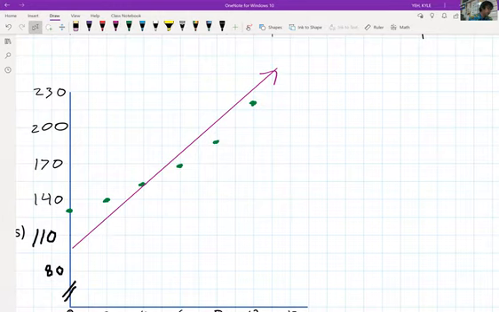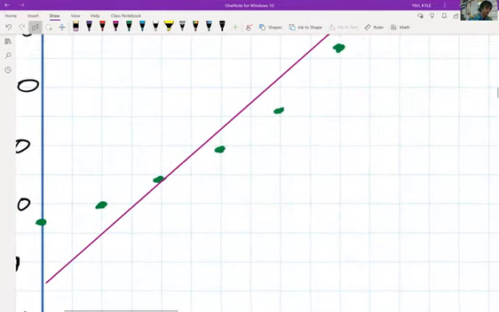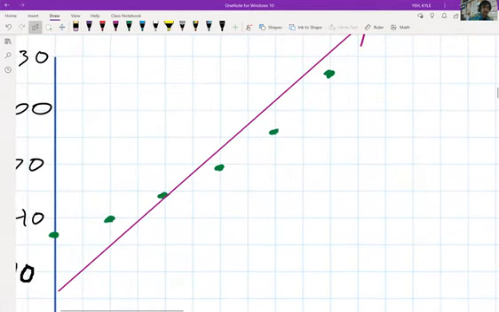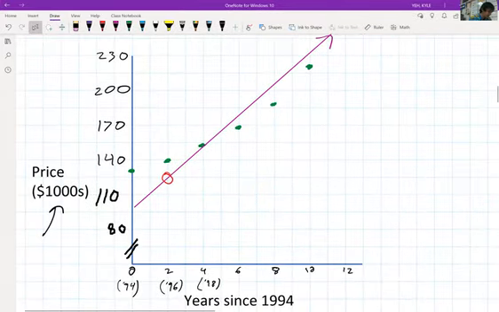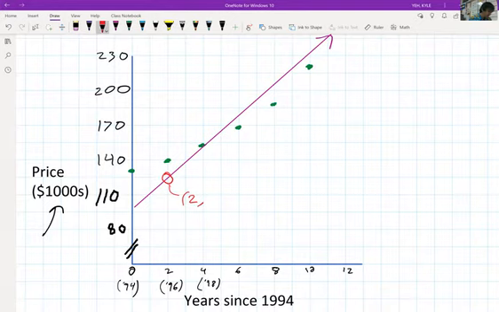What I need to do is find 2 points on my line that I can approximate. I'm looking for 2 points that are near lattice points or right in the middle maybe. So I see one that looks really good right here. And if you look, and I'll zoom in, that one hits almost exactly on that lattice point. So that point was 2, and then 125, because that's right in the middle of 110 and 140.